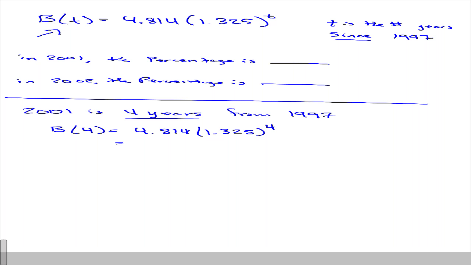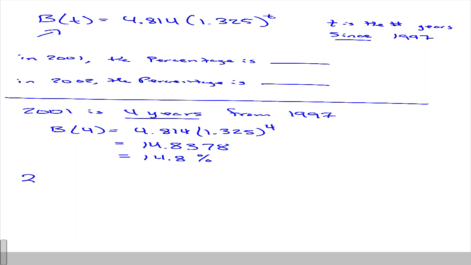Whenever we put this into our calculator, for t being 4, we get 14.8378, give or take. And they want you to round to the nearest tenth, so that means it would be 14.8% of executives receiving bonuses in 2001.